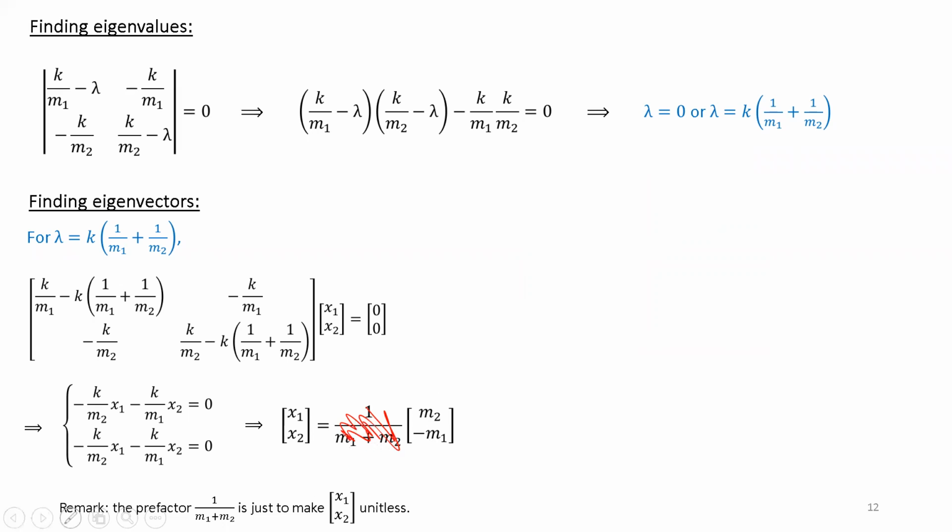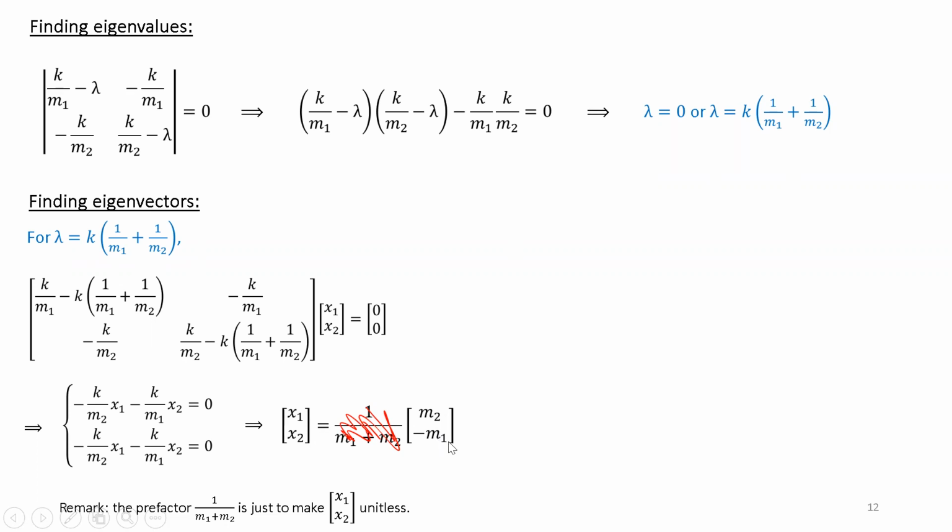Just to remark, I put this prefactor here just to make the eigenvector itself unitless. I just found this a bit more convenient. Otherwise your eigenvector will contain the unit of mass.